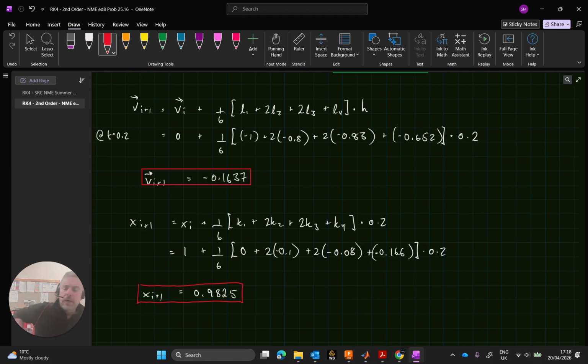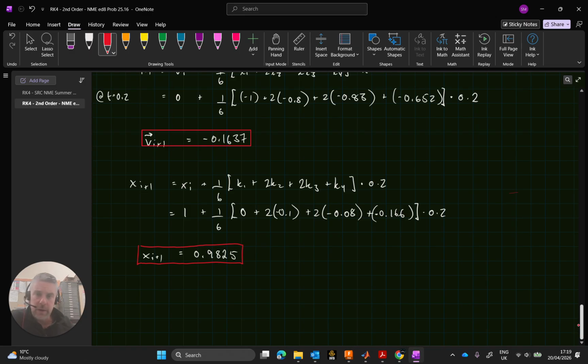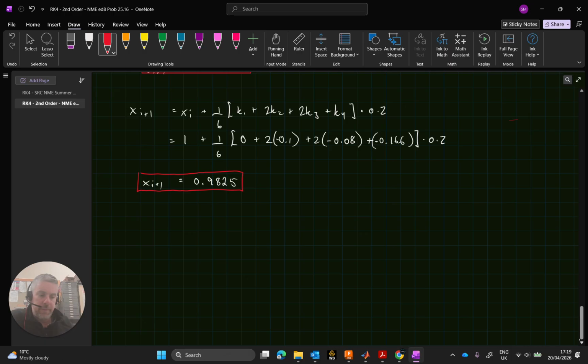So what I'll do here first is just make sure that I'm not leaving anybody in the lurch. If you did want to continue on with a written workflow, you know where to go. If you recall, at t equal to 0 we had v equal to 0 and x equal to 1.